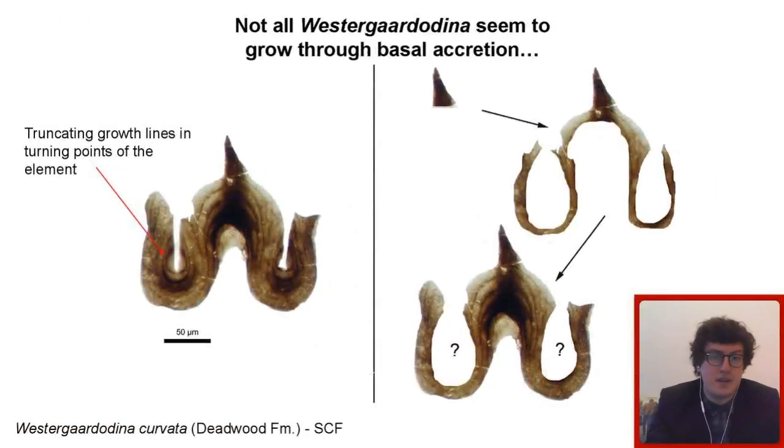But however, when we try and apply this method to other elements of Westergaardodina within the Deadwood, we run into a bit of a problem. So, for example, this element of curvata here on the left shows these weird, paradoxical truncating growth packages within its turning points, which, as you can see on the right, can't seem to be reconciled within a standard model of basal accretion.